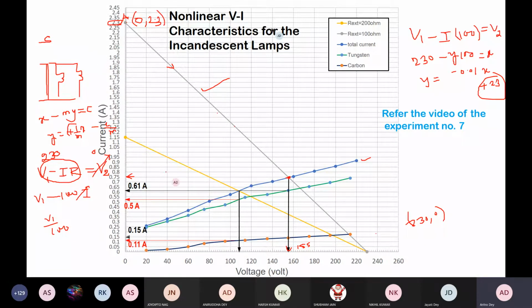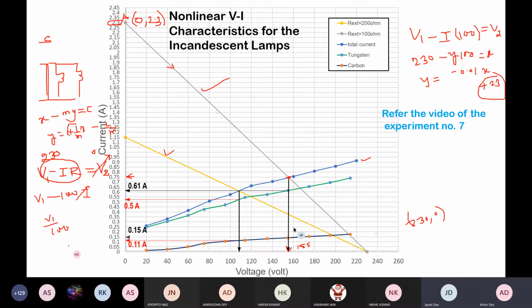So for that we need to take care of the load characteristics. Can you follow now? Because whenever Rext is there, your V1 is not equal to V2, V2 will be less than V1. So how could we take care of when we have the external resistance? For that we are using these load characteristics.